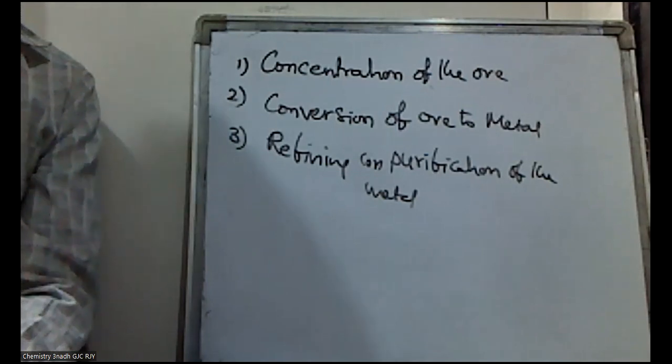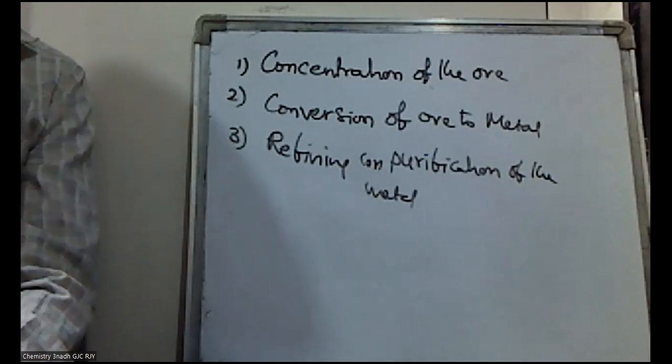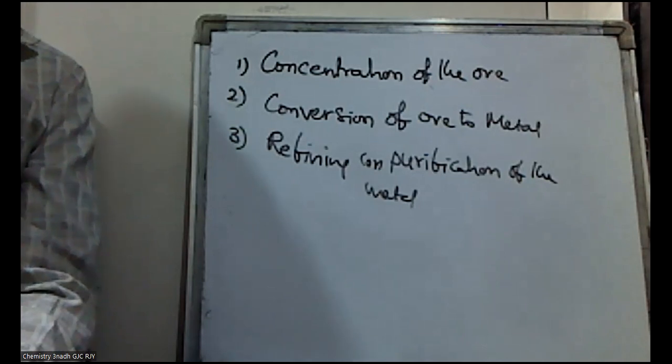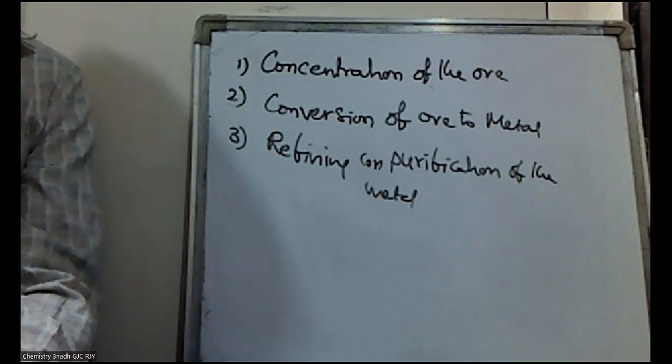In that video, I also discussed gangue and slag. What is gangue? The impurities. While collecting the ore, some impurities are also present, such as sand. The impurities present along with the ore, we call the gangue.